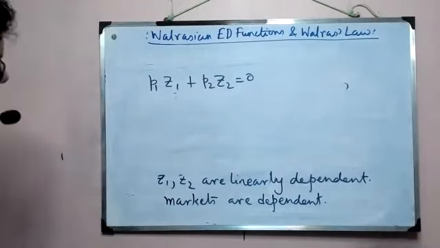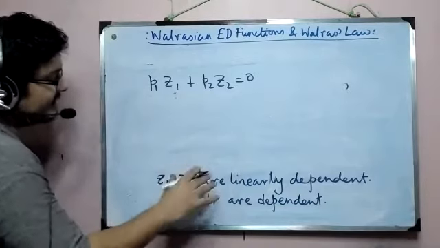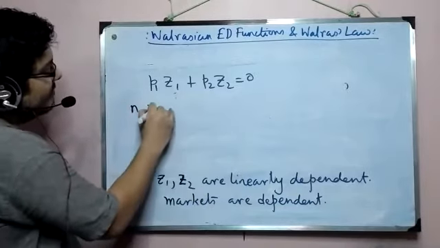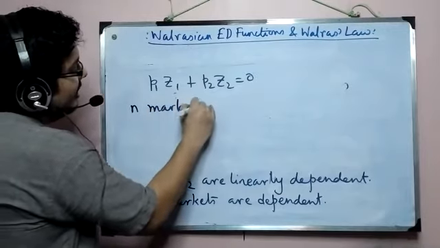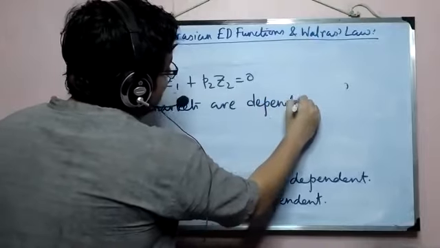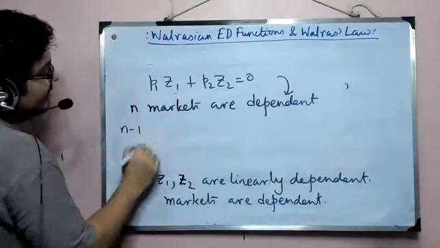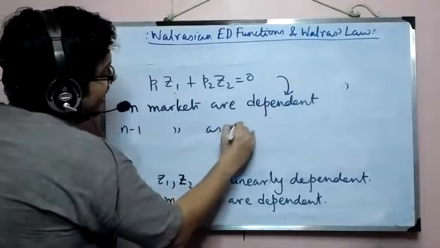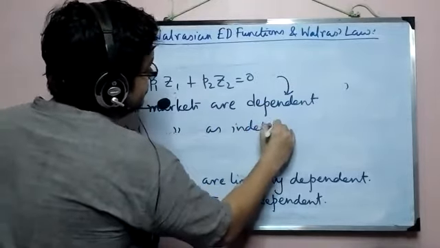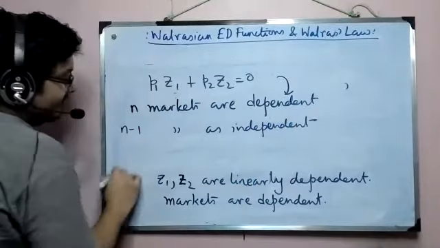Now that result translates into this fact: n markets are dependent, which we get from Walras's law, but we have n minus 1 markets as independent. What does it mean?